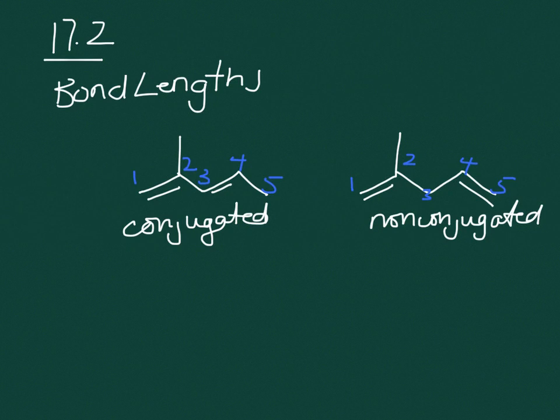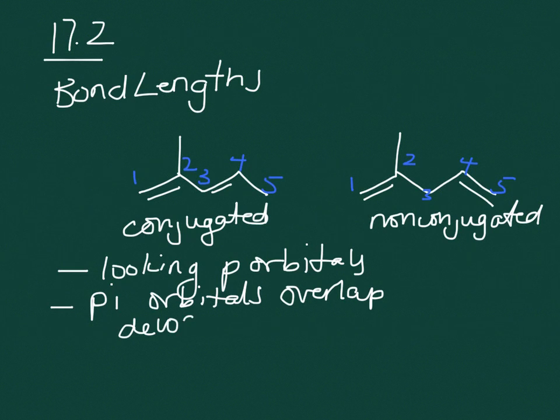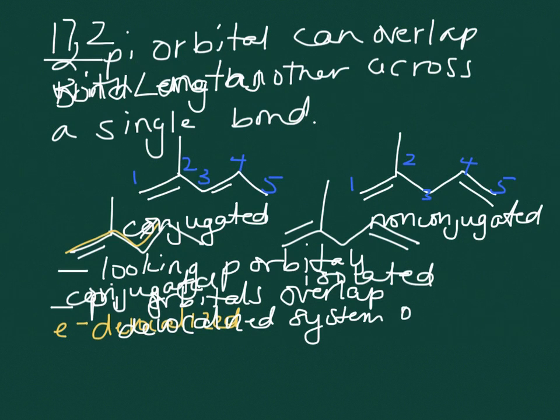Okay. Now, as I said before, in a conjugated diene, you're looking at p orbitals. Now, in a conjugated system, the p orbitals, or the pi orbitals, are going to overlap, and as a result you're going to have a delocalized system of electrons.